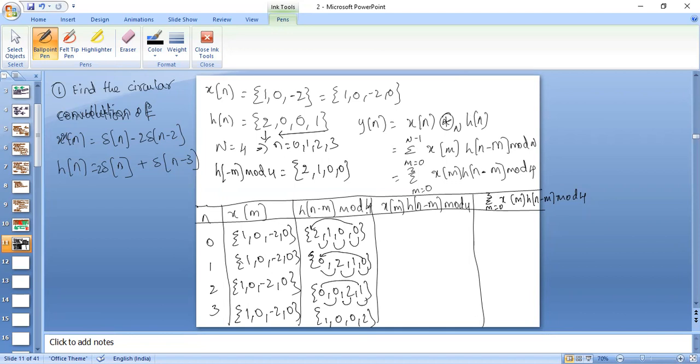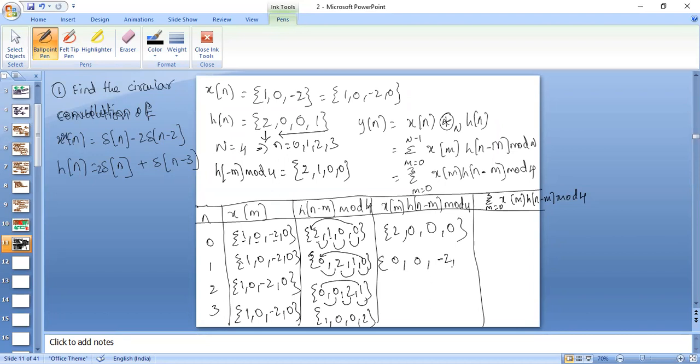And x of m into h of n minus m means let us multiply the corresponding samples of these two sequences. So 2 into 1 is equal to 2. 0 into 1 is equal to 0. Minus 2 into 0 is equal to 0. 0 into 0 equals 0. Here it is 1 into 0 is equal to 0. 0 into 2 equals 0.